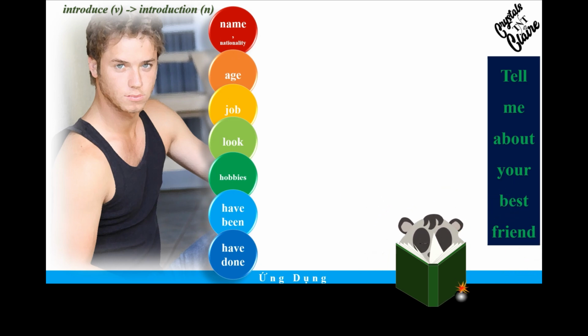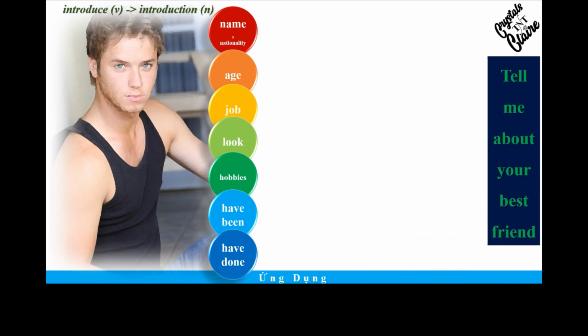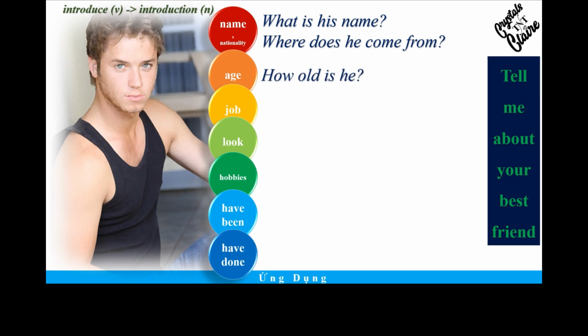Okay. So firstly, ask about name, nationality, age, how old is he, job, what does he do, how does he look, what are his hobbies, where has he been, what has he done, yes. What is his name? His name is Jeremy Sumter.